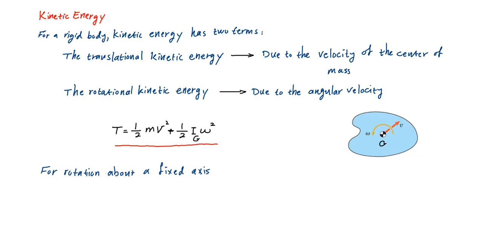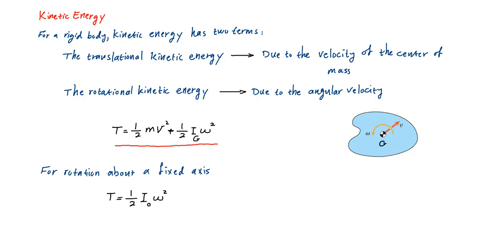Kinetic energy only depends on the angular velocity, and we look at the mass moment of inertia about that specific axis that the rotation is happening about.